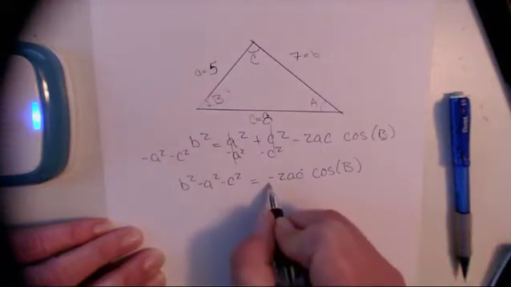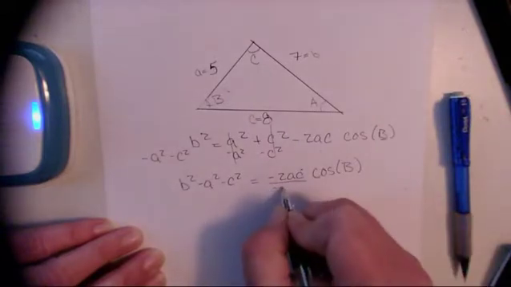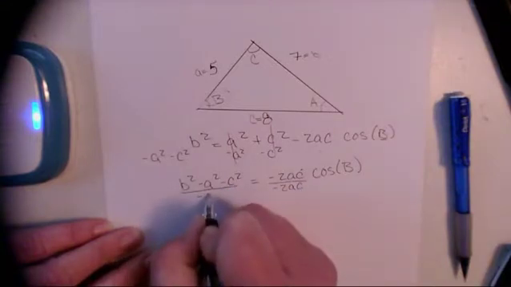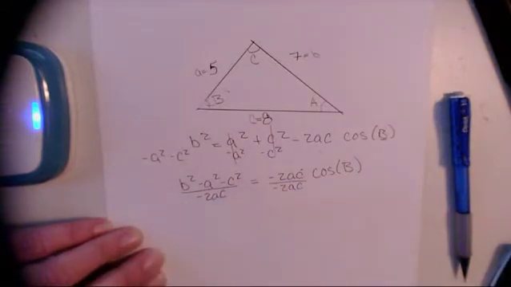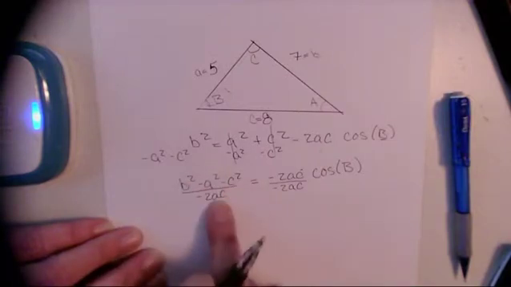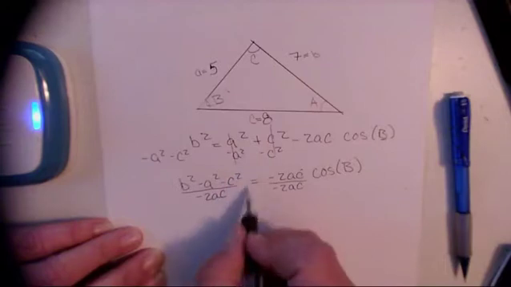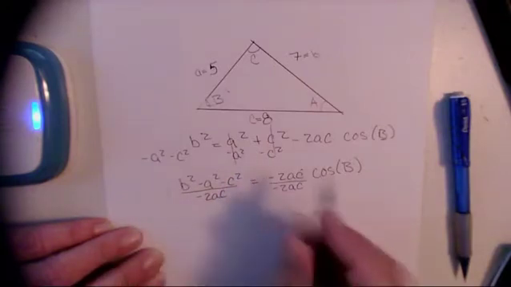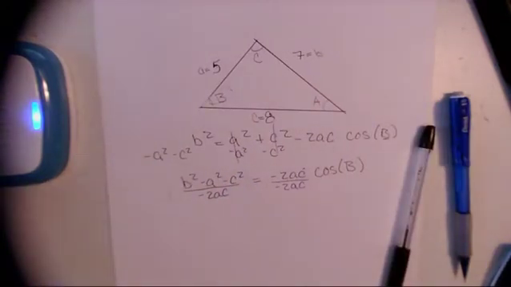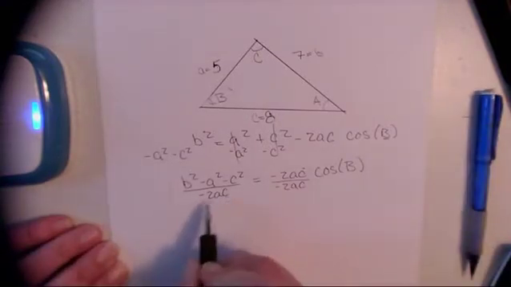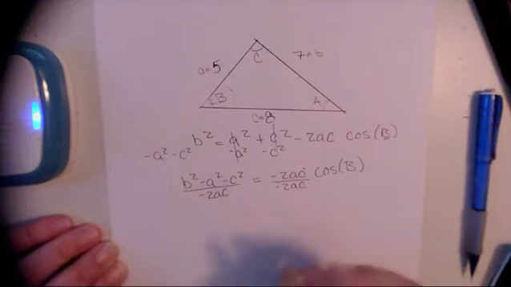Now I want to make this piece go away. So I'm going to divide by negative 2ac and divide it by negative 2ac. Now, for me, this is cumbersome. There's a step you can do in your head, but if you're not comfortable with it, I would suggest not doing it in your head to begin with. I'm going to distribute my negative to just make it cleaner so I'm not worrying about that negative in the end.